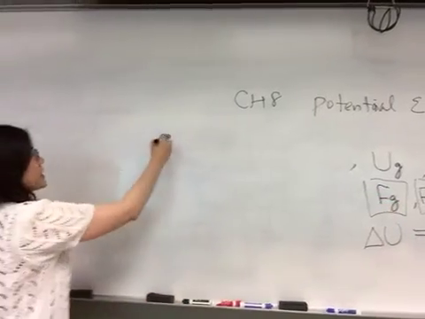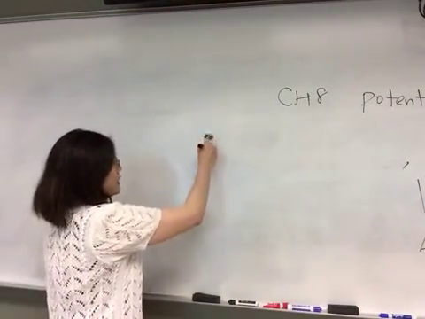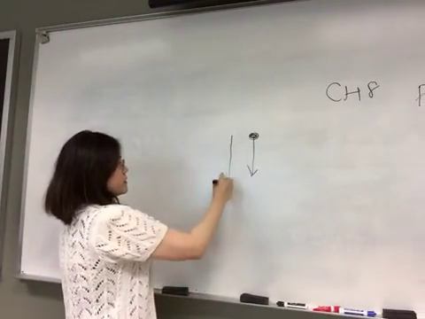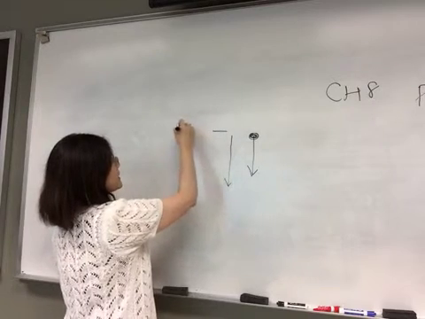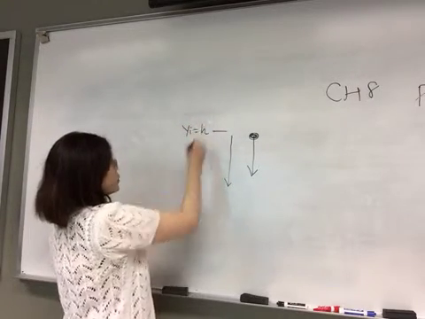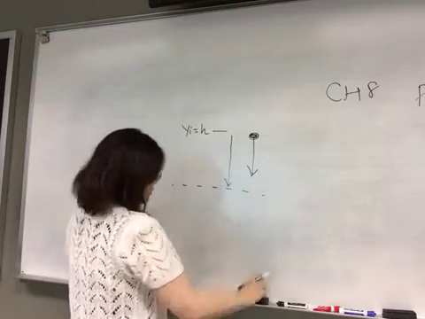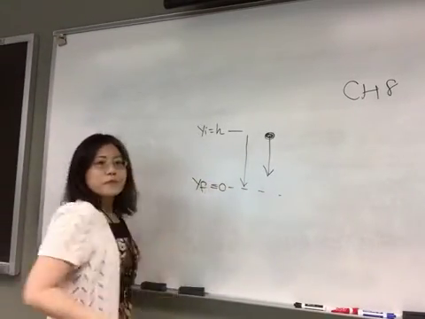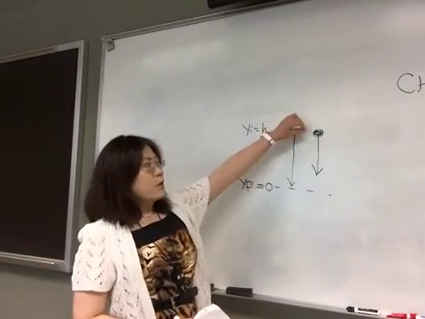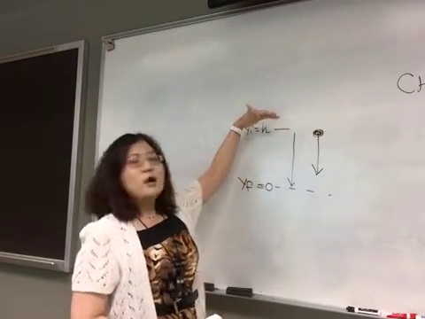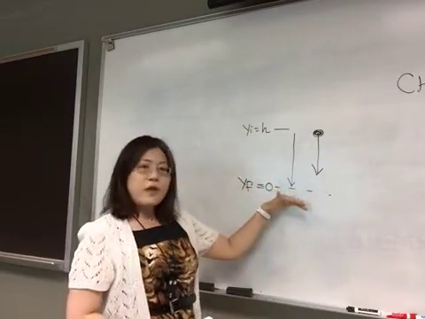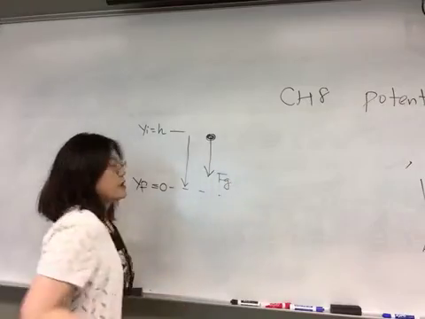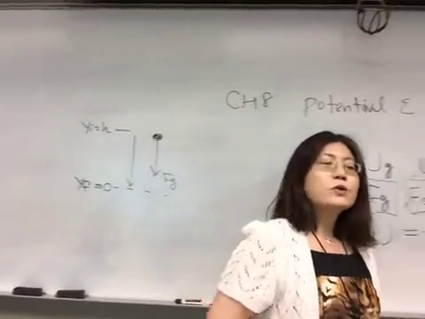Let's say you let the object drop. The initial height is h, and it goes to the ground, where the final height is 0. During this move, the direction of gravitational force is downward, and the direction of displacement is also downward.